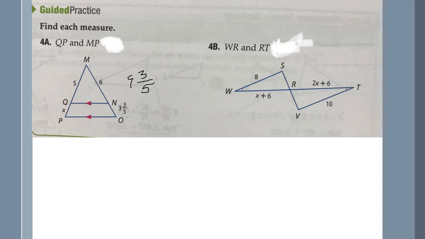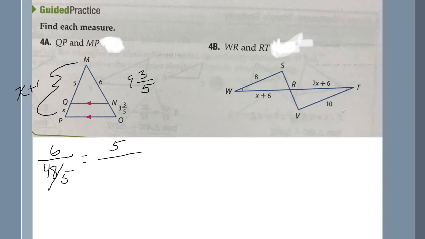So 6 over 9 3/5, which is 48/5, right? So 6 over 48/5 is going to equal 5 over, now we've got to figure out this entire length. Well, that entire length is going to be x plus 5. So we're going to put this as x plus 5 here.